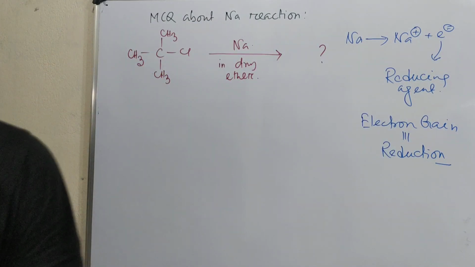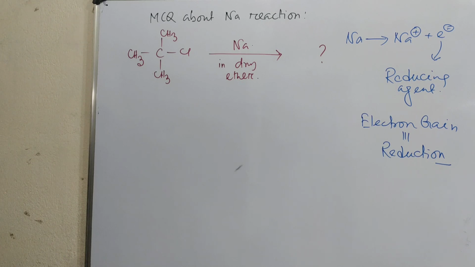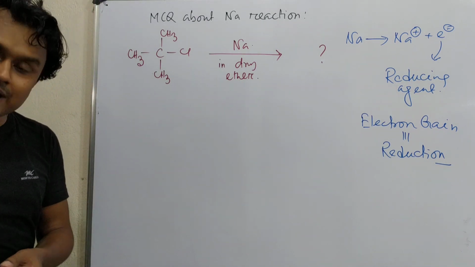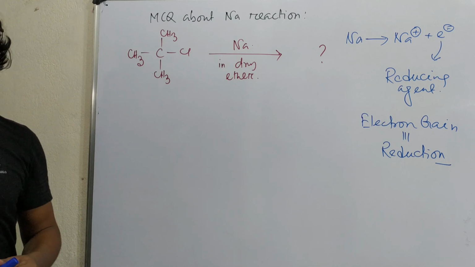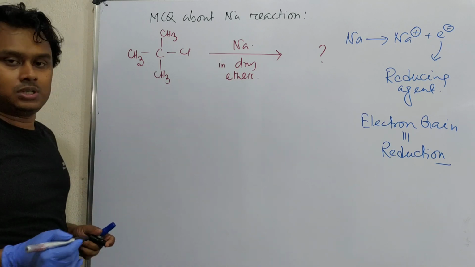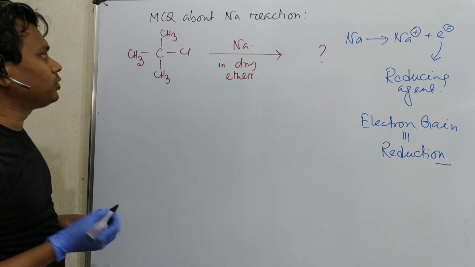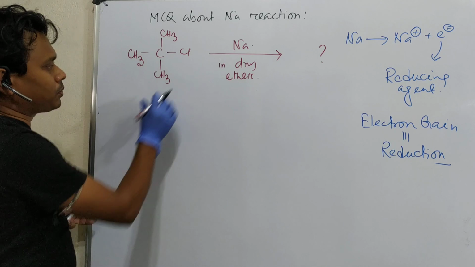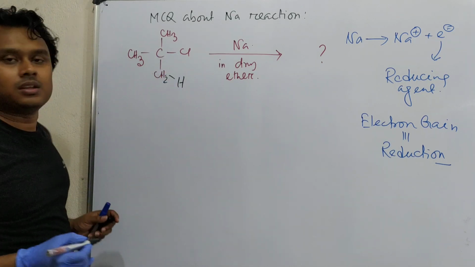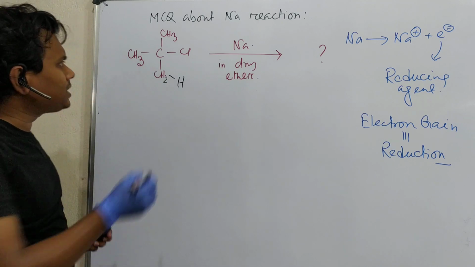By the way, when you get such a question, I always suggest please look at the molecule and the reaction, look at the system carefully. It is very helpful. See, this is a molecule. What is the reactive part of this molecule? There are two types of reactive parts: one is C-H, another is C-Cl. Which one is more reactive?